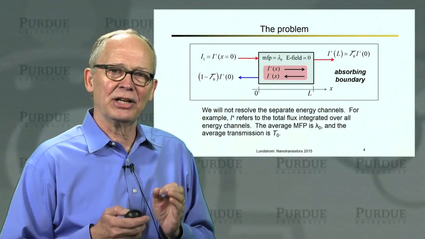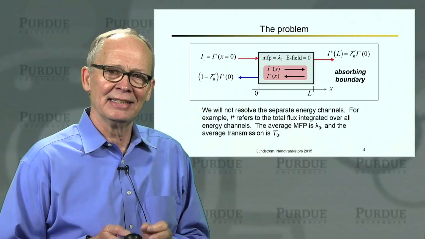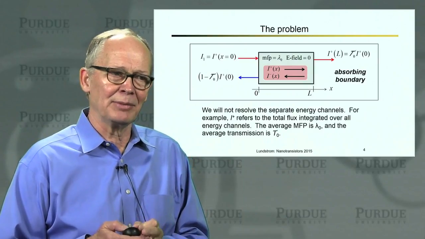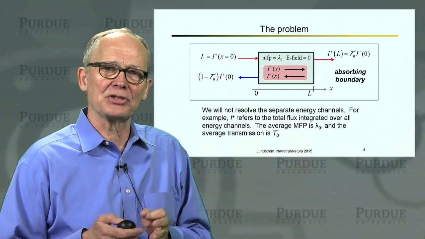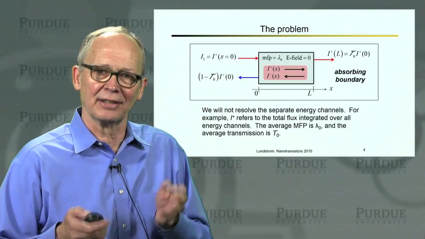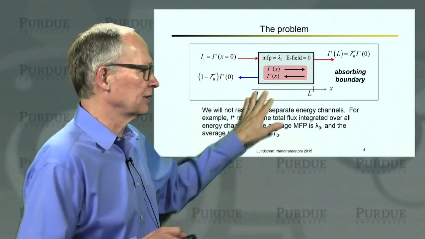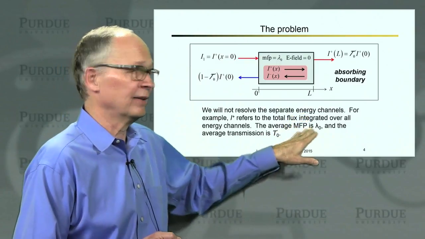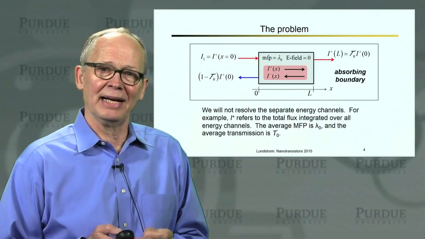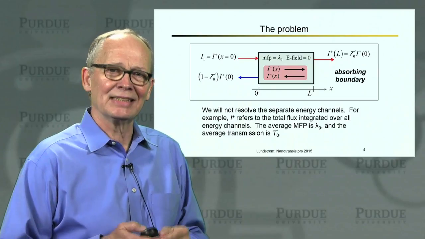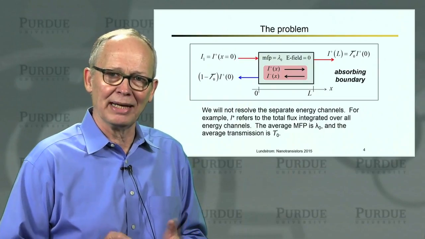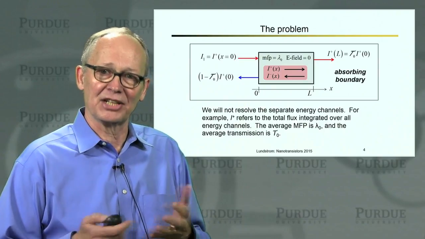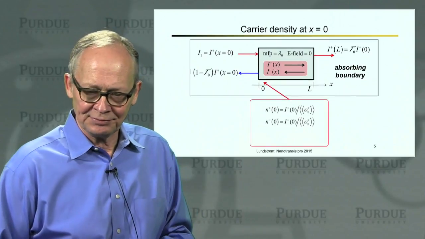It's not a transmission at a particular energy. By T sub 0, I mean the average transmission for all of the energy channels that are occupied under these particular conditions. So the mean free path is not the mean free path at a particular energy. It's going to be some average mean free path over the channels that are occupied.